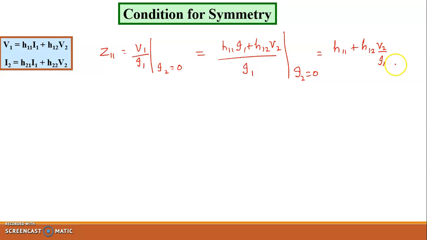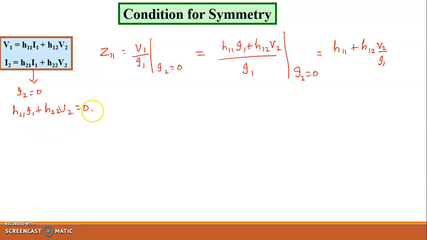So with I2 equal to 0, Z11 is equal to H11 plus H12 V2 by I1. Now from the second equation, taking I2 equal to 0, we have H21 I1 plus H22 V2 equal to 0.